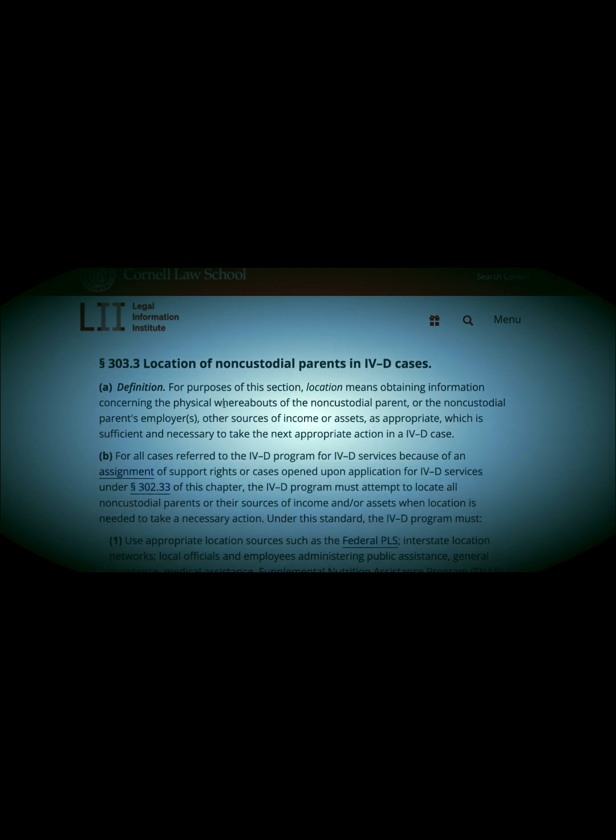Let's see. For the purpose of this section, location means obtaining information concerning the physical whereabouts of the non-custodial parent or the non-custodial parent's employers, other sources of income or assets as appropriate, which is sufficient and necessary to take the next appropriate action in a Title 4D case.